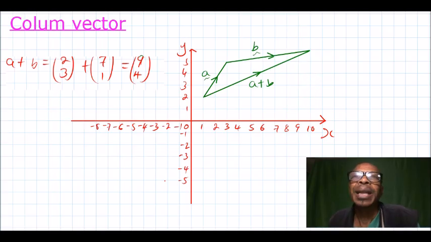So that indicates the sum of the two vectors.